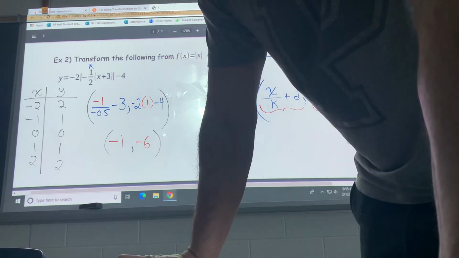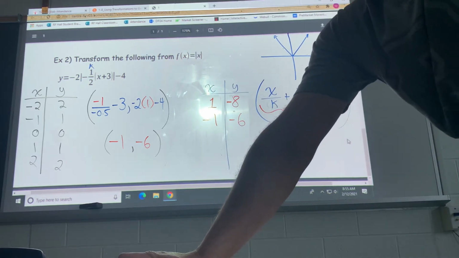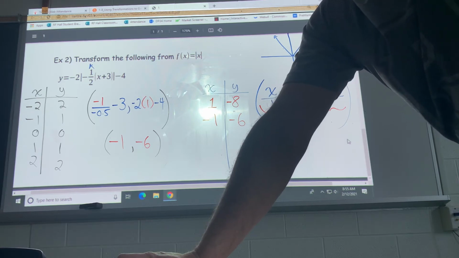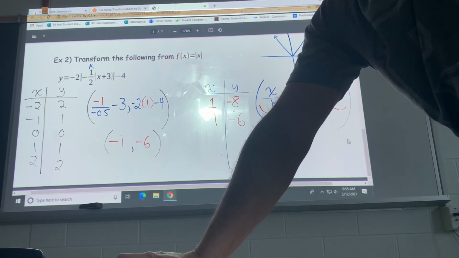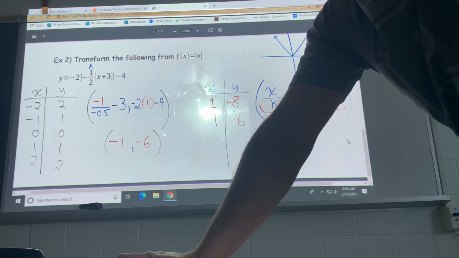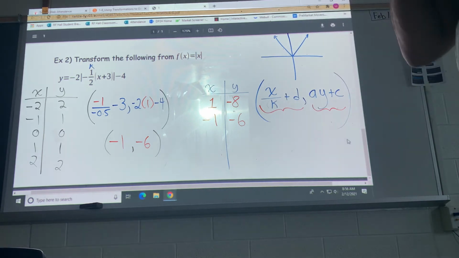Oh, we got some values. I got something different for the first one. Oh, you wrote them in the opposite order. Okay.